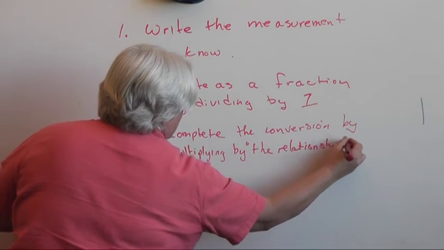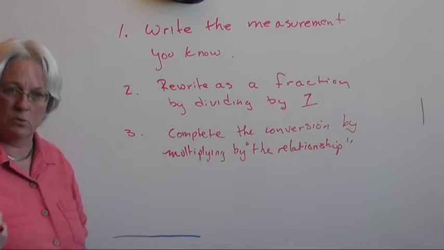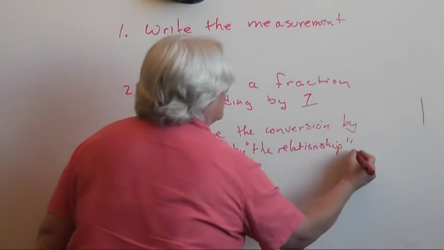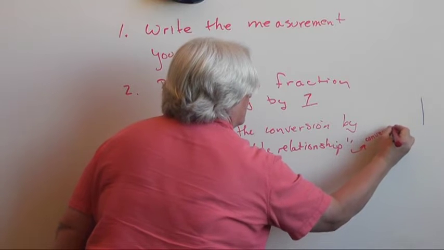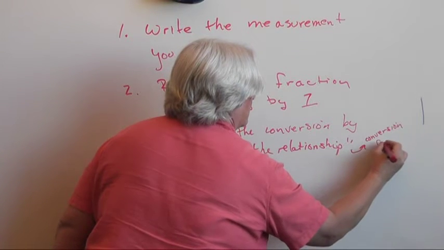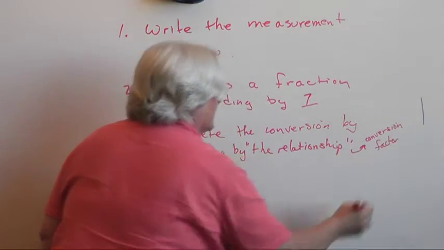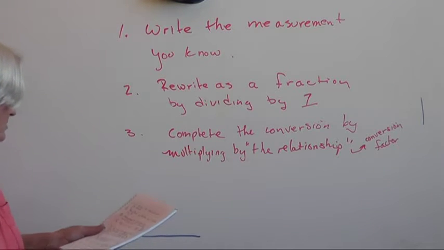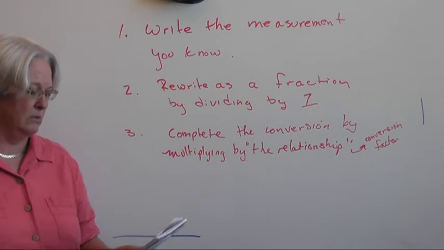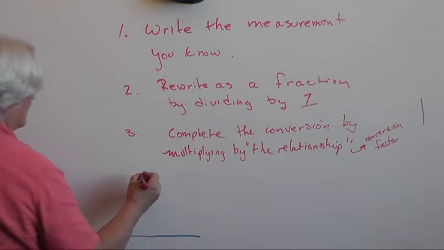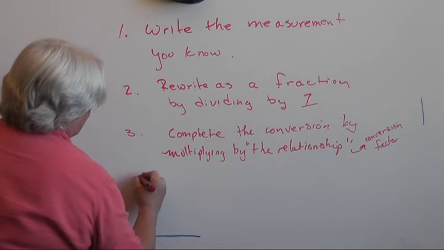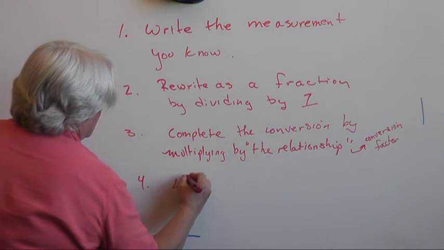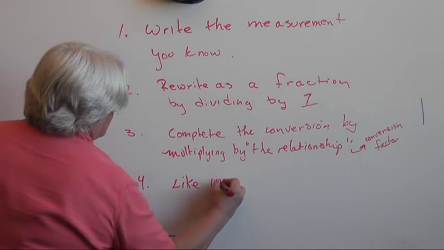And what the relationship is, that's what we call a conversion factor. And then finally, the last thing that you're going to want to do is cancel like units. You remember that just like common factors cancel, like units cancel.